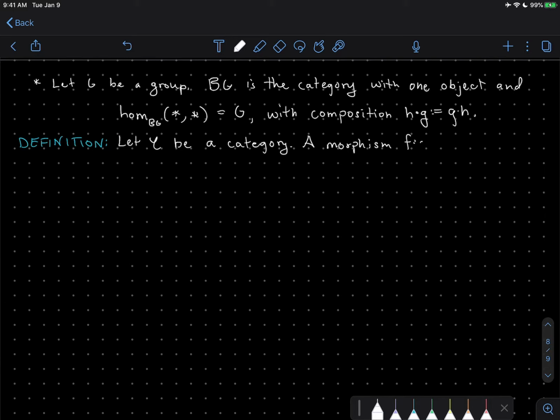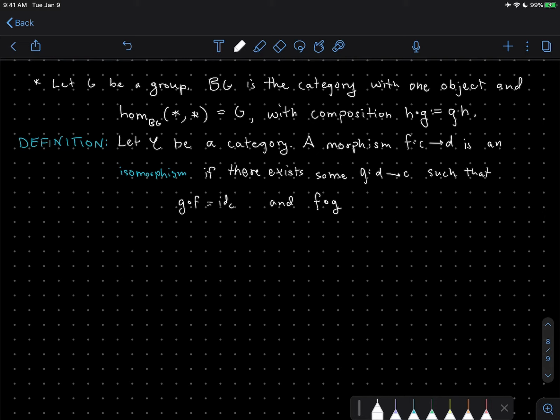A morphism f from little c to little d is called an isomorphism if there exists some g going in the other direction such that, well, first of all, the composite of g after f is equal to the identity on little c, and the composite of f after g is equal to the identity on little d.